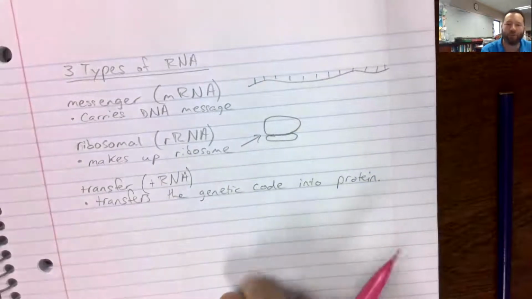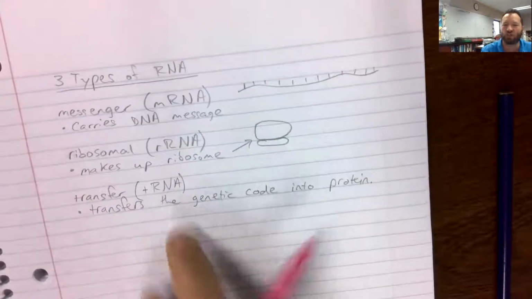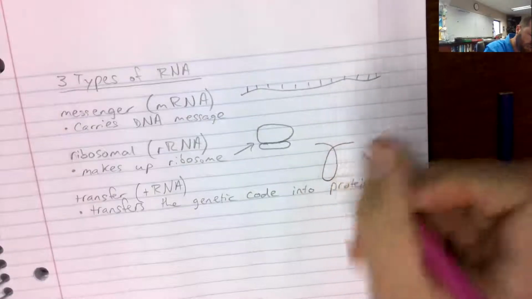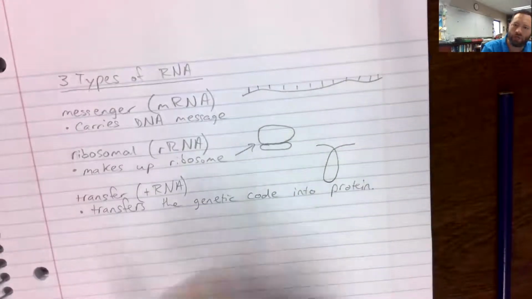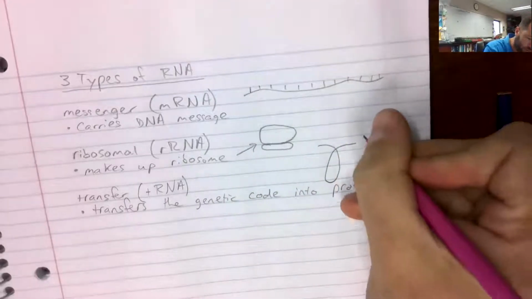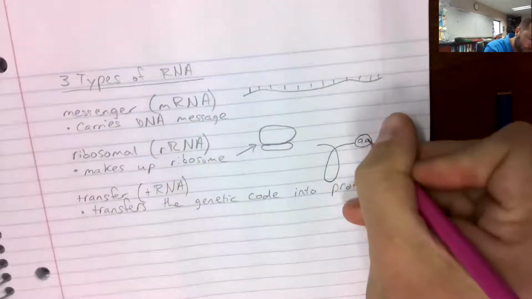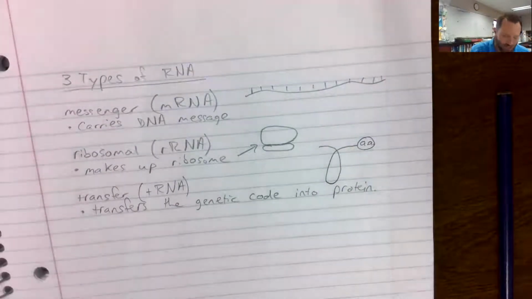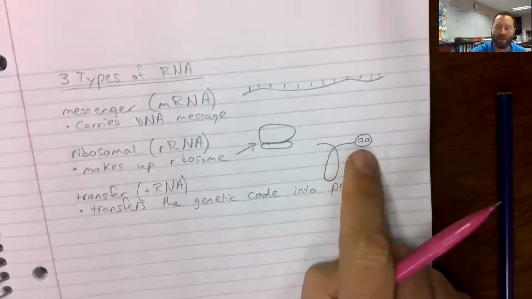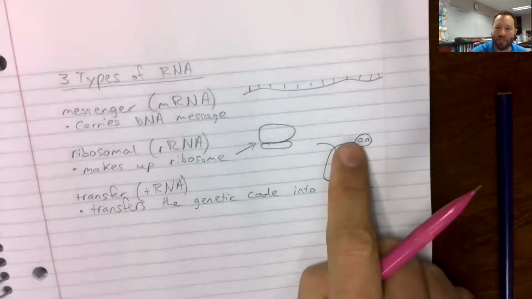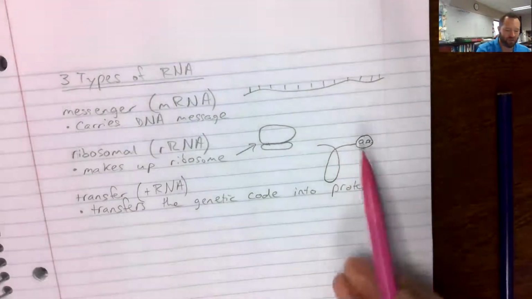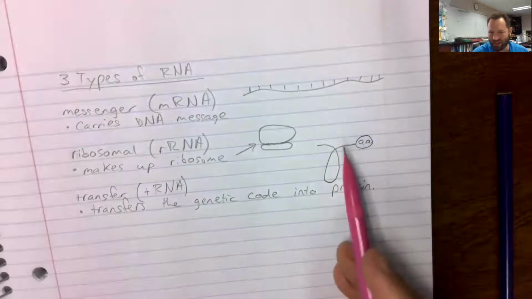Transfer RNA transfers the genetic code into protein. It kind of looks like this, little loop-de-loo. We'll talk more about this next chapter. At the top here, I'm going to put a little AA. Not important for this particular unit, but I want you to be aware that it's there. The little AA stands for amino acid. For right now, I just want you to know that it's there.